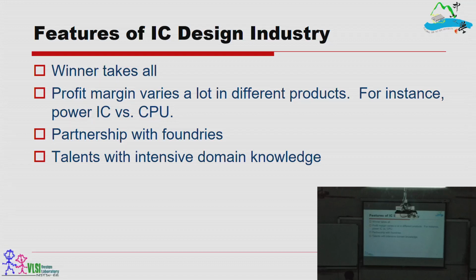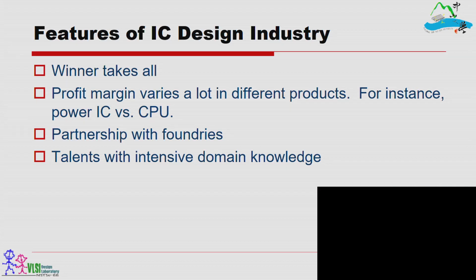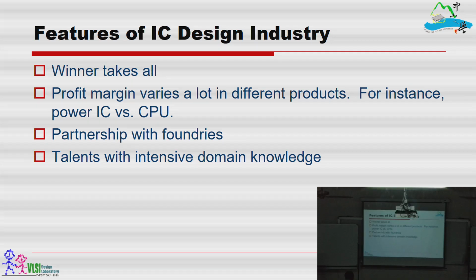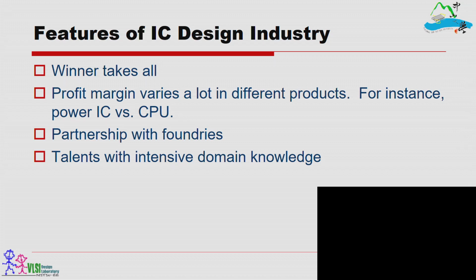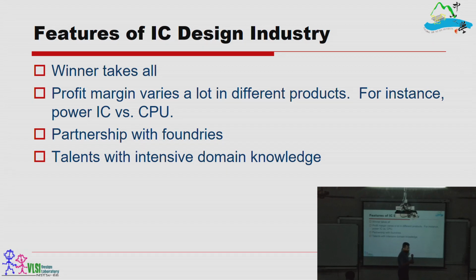All right? So the feature of the IC design industry is, rule number 1, winner takes all. It's pretty easy. For example, if your beloved ones, like your parents or your grandma, or in the future your wife or your husband gets sick, then the doctor tells you, I have medicine number 1 and medicine number 2.